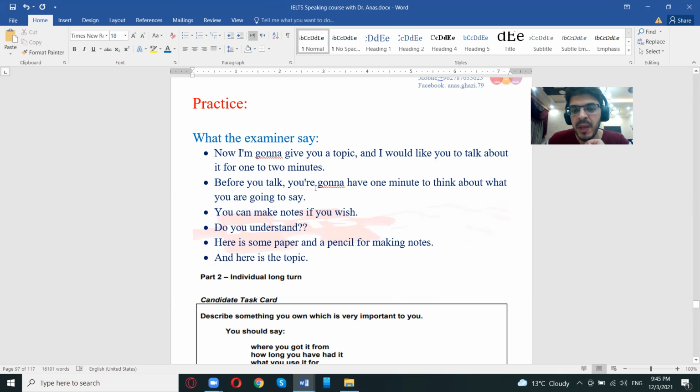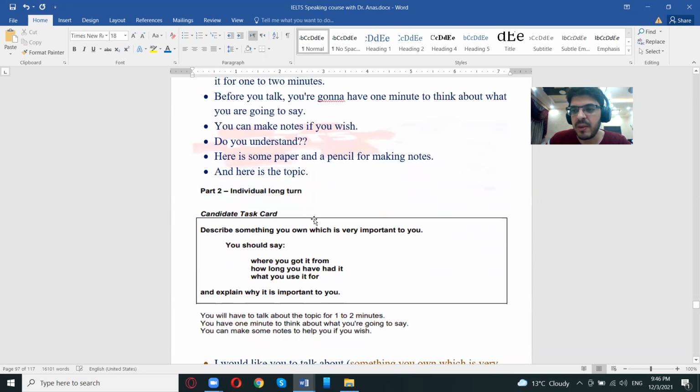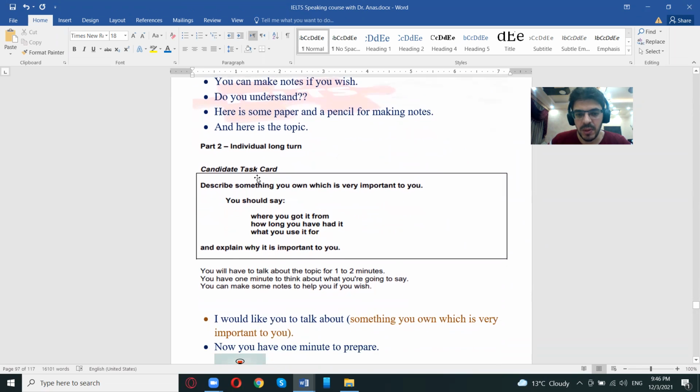Before you talk, you'll have 1 minute to think about what you are going to say. You can make notes if you wish. Do you understand? You say, yes, I understand, or yes, I do. Okay, here's some paper and pencil for making notes. And here's your topic. Then the examiner will hand you the topic, the cue card, which you may read.